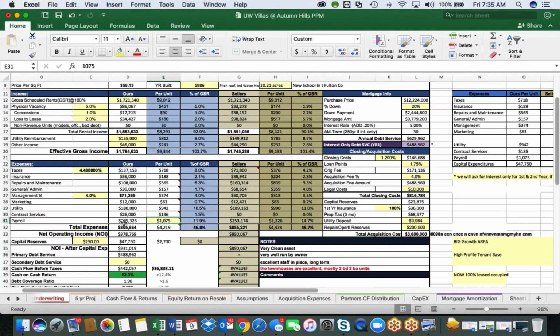So 205. Now, the other part I wanted to mention was over here, the formula calculates annual debt service automatically with principal and interest. And this one is interest only debt service for year one. So year one, this 488 is the same as 488 here.